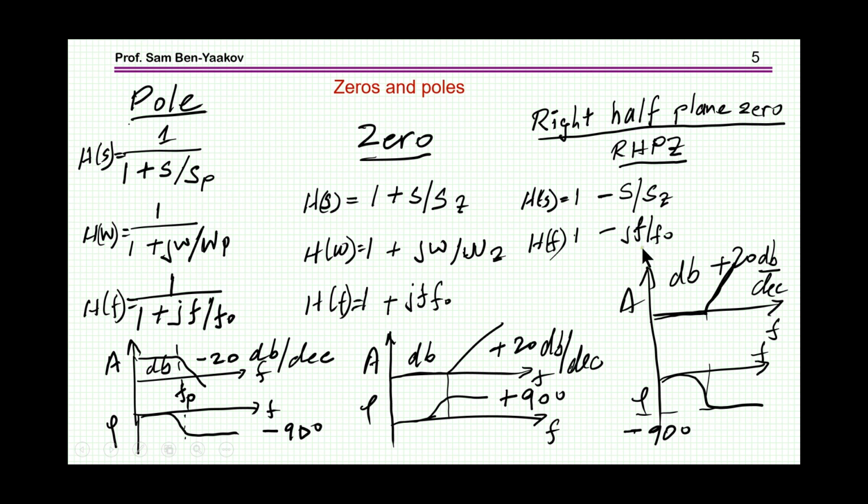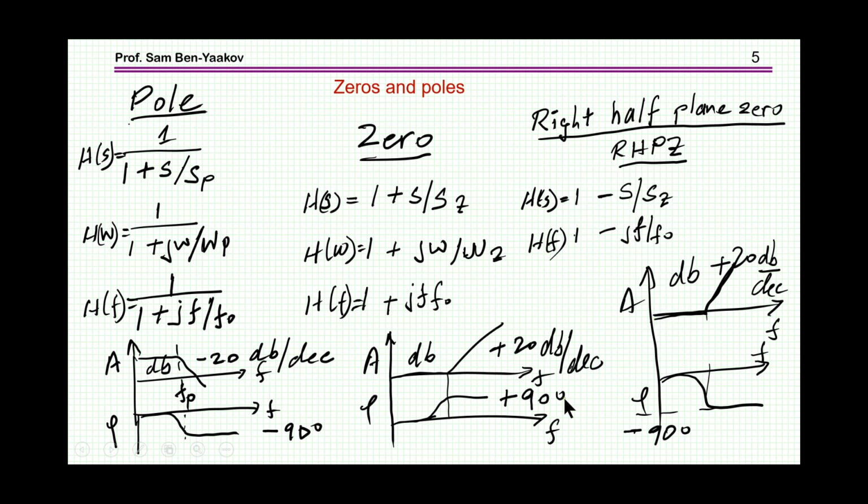So what it is, it's very similar to the regular zero, except that it has a minus here, okay? Instead of plus, it's a minus. Now, the absolute value here is the same, because for absolute value, you take this square plus this square, and then you take the square root.